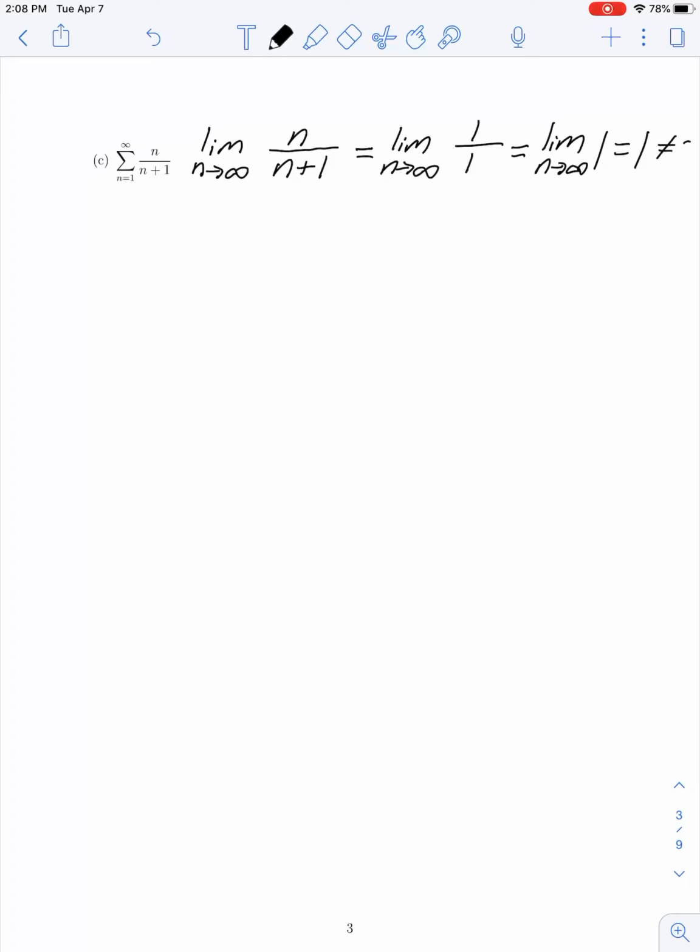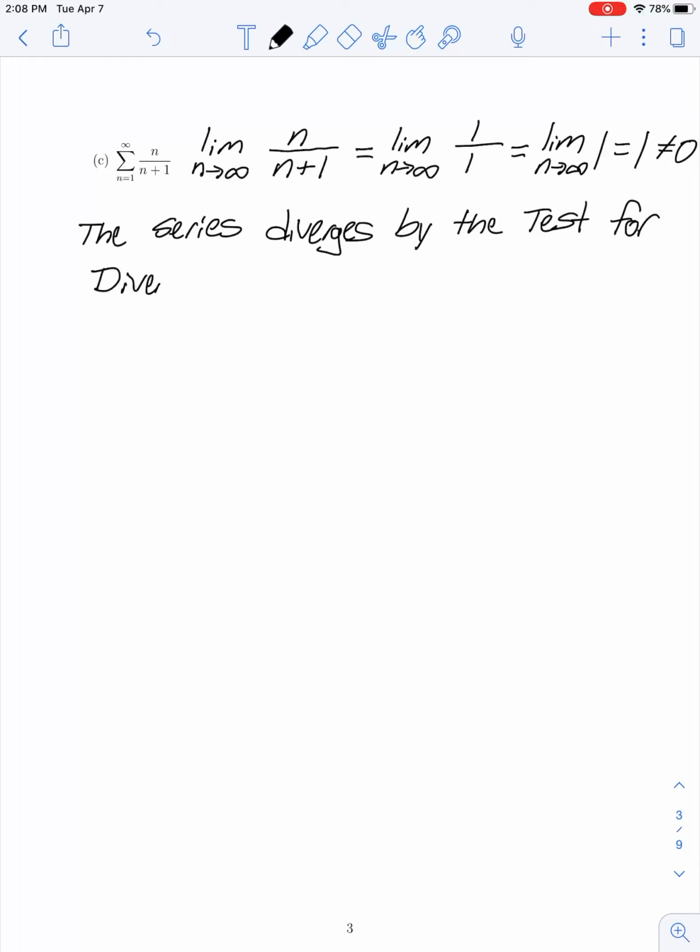Now, if we get a limiting value of anything other than 0, the test for divergence says that the series diverges. So here we can say the series diverges by the test for divergence.